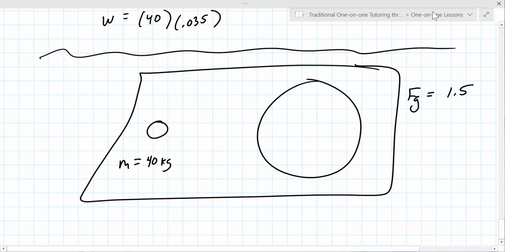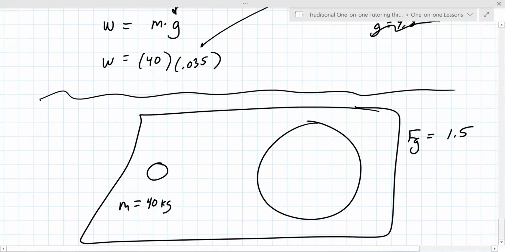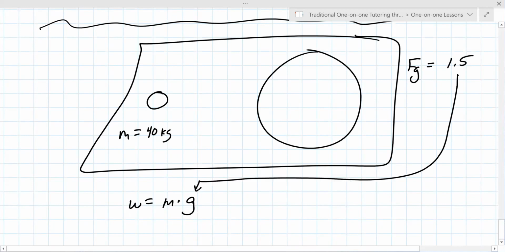You do that calculation, G m1 m2 over d squared. Okay, what is your weight? Your weight is your mass times G, but your G here is this number. So your mass is 40, but G is 1.5.